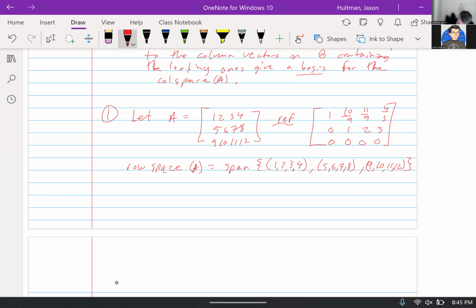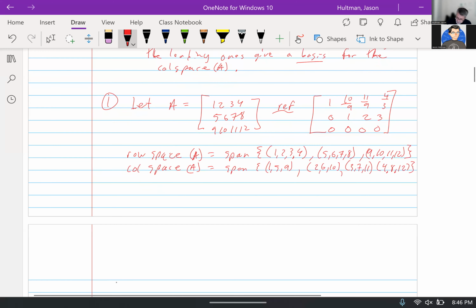What will be the column space of A? The column space is just the column vectors. So it's the span of 1, 5, 9. Now we're doing columns. Then 2, 6, 10, and then we have 3, 7, 11, and then we have 4, 8, 12.